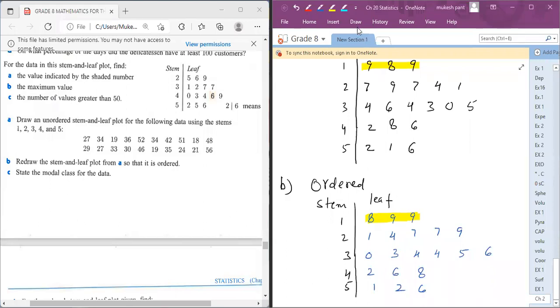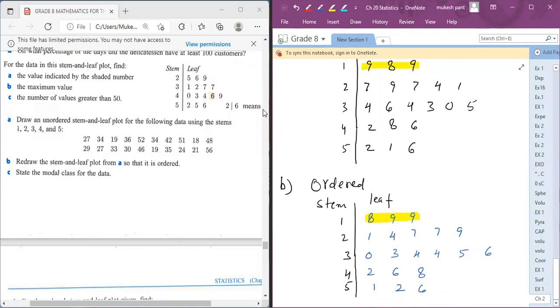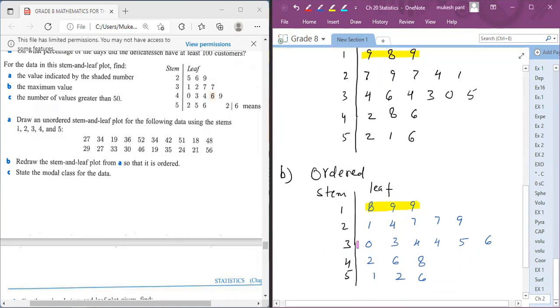Okay, now in part C, Brian, if you look, part C is asking to state the modal class. See the longest leaf. So this is the longest leaf. What we have to see is which one is the longest leaf.